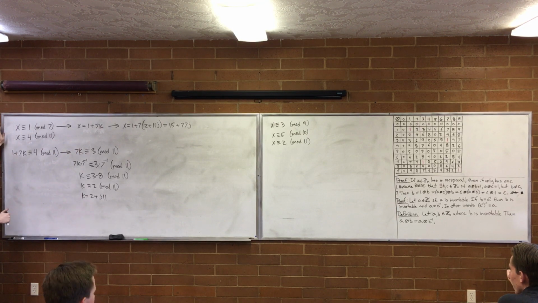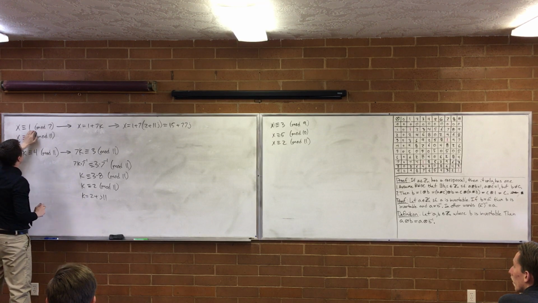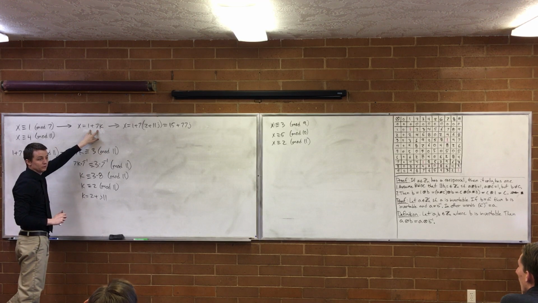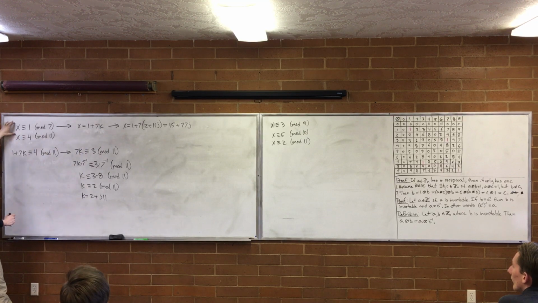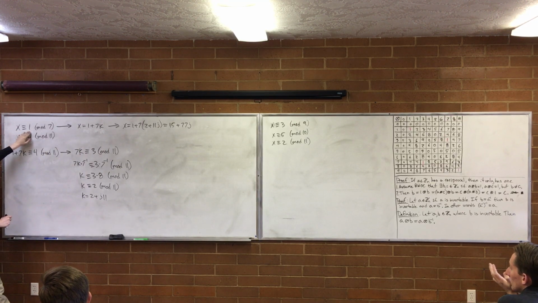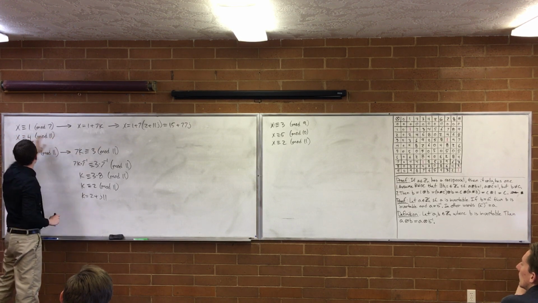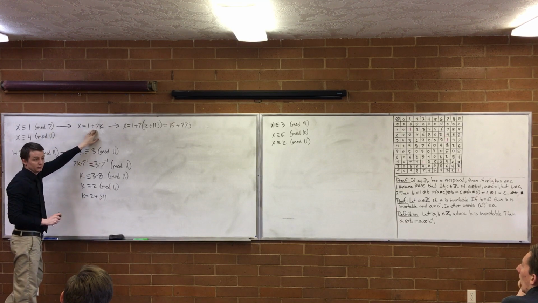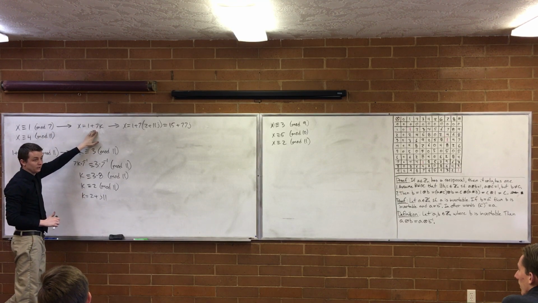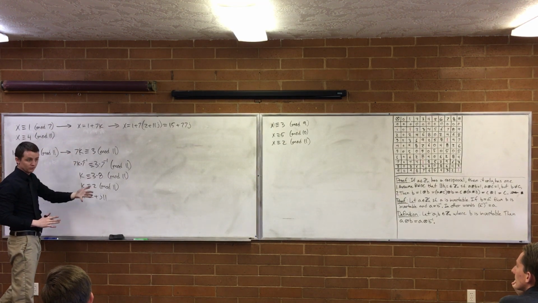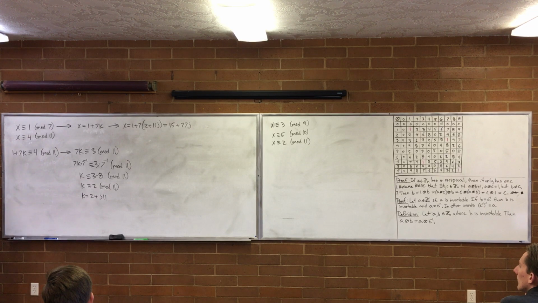Every number that when you divide it by 7 has a remainder of 1 has to be of this form. So our possible numbers for x so far are 1, 8, 15, etc. And you could have also gotten the negatives.